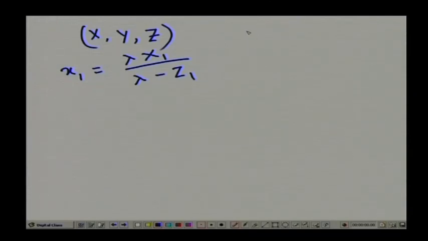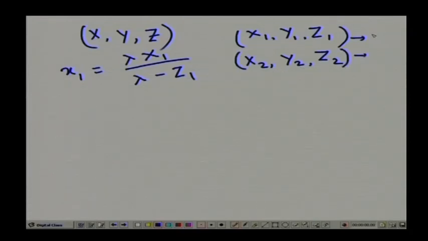I assume that capital X1, capital Y1 and capital Z1 are the coordinate system of the first camera, and capital X2, capital Y2 and capital Z2 are the coordinate system of the second camera. So, this is for camera 1 and this is for camera 2.